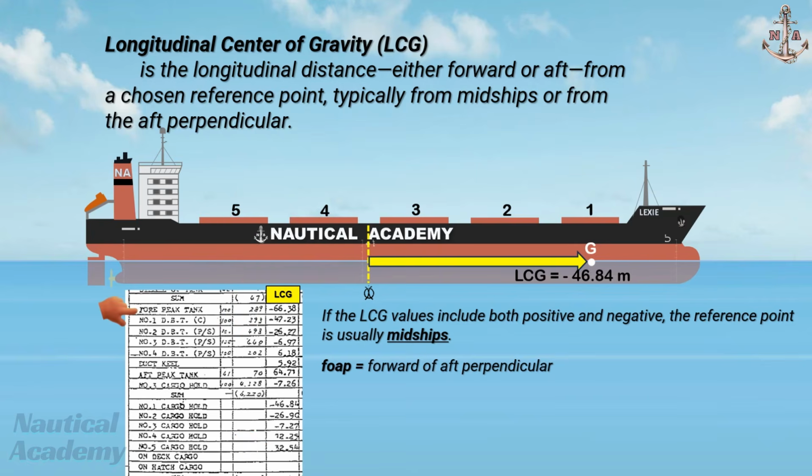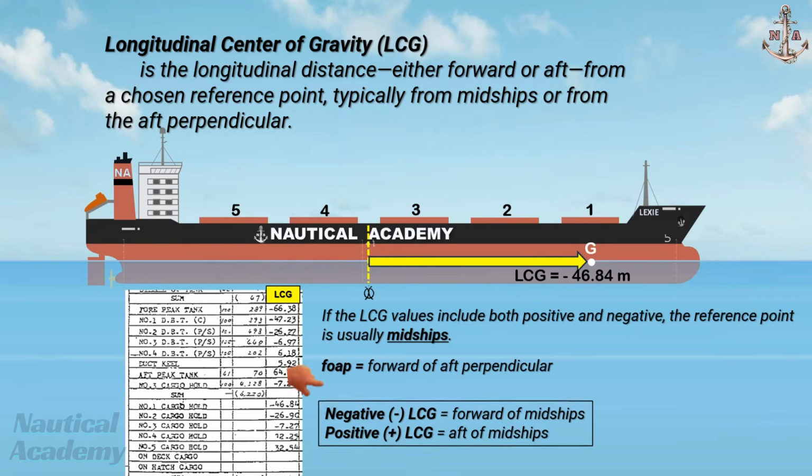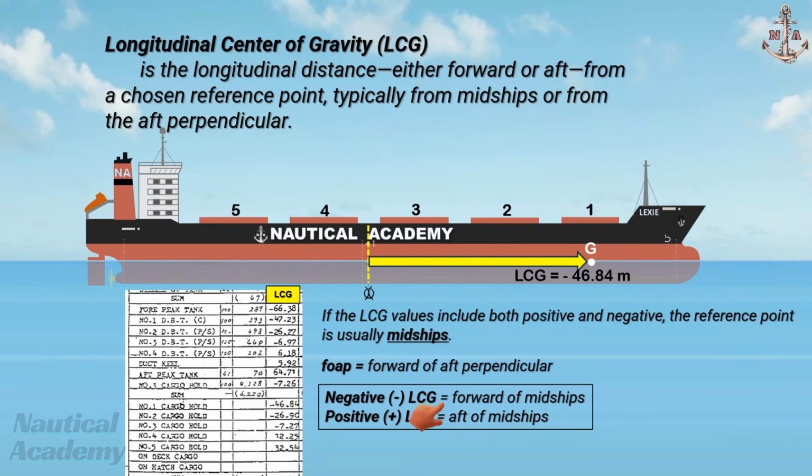The forepeak tank, located forward of midships, also has a negative LCG. Meanwhile, the after-peak tank, located aft of midships, has a positive LCG. This confirms that in this particular given data, LCGs with negative values are located forward of midships, while LCGs with positive values are located aft of midships.